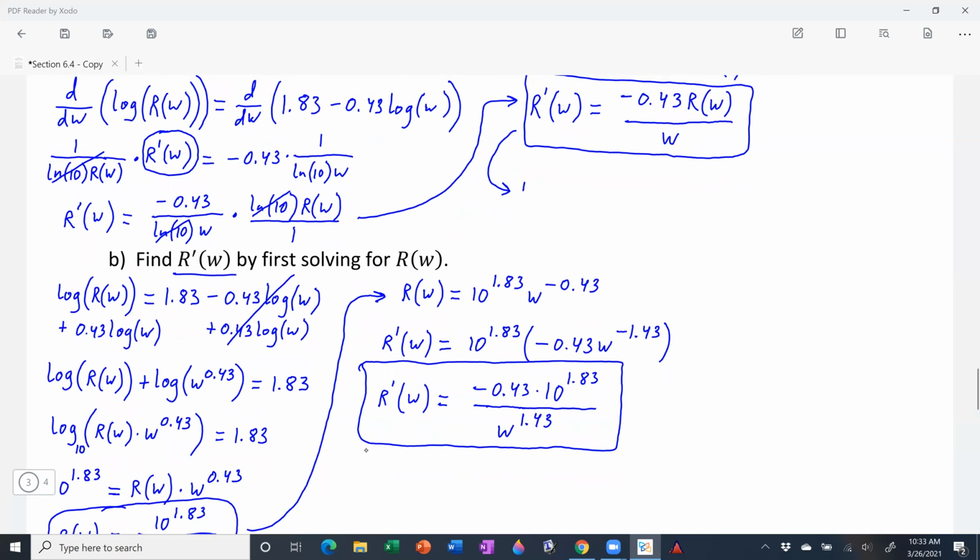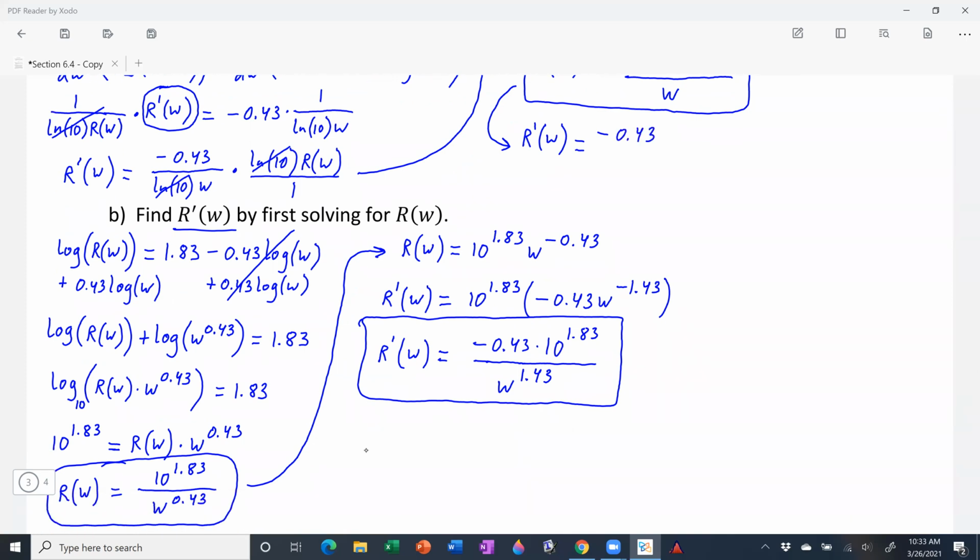Okay, so let's try that. Let's go R prime of W equals negative 0.43. And instead of R of W, I'm going to plug in that expression there, 10 to the 1.83 power over W to the 0.43.